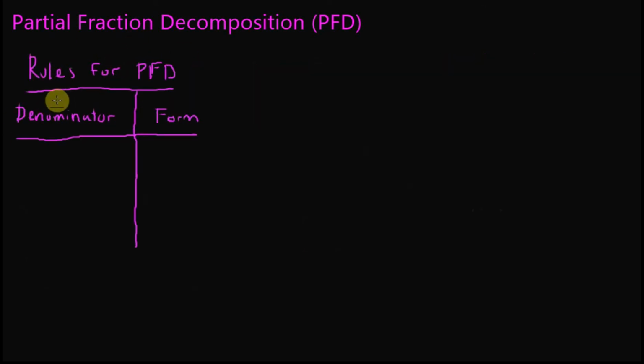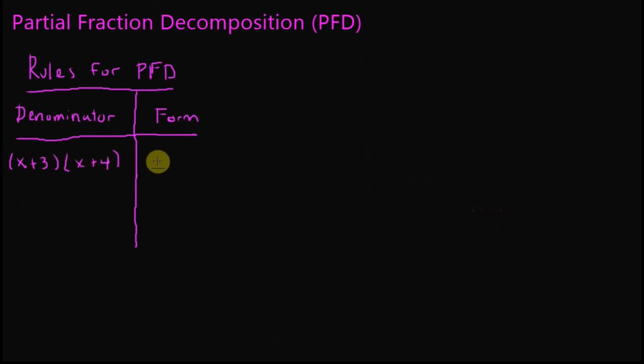Now that we've gone over a few of the basic partial fraction decompositions you might encounter, I want to give you a set of rules that will help you identify the proper form to apply when decomposing a fraction. The first rule is going to be if we have some denominator that can be factored and is of the form (x plus 3) times (x plus 4).